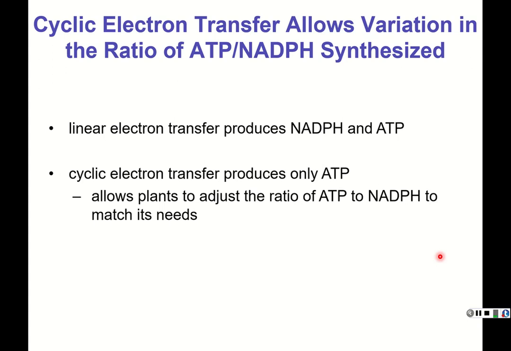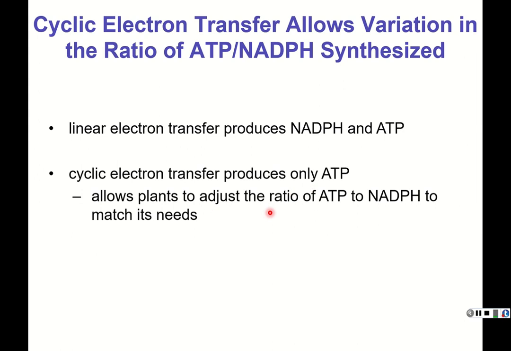And we mentioned this before, photosystem 1 can operate in a linear fashion or a cyclic fashion. The linear fashion of photosystem 1 transfers to NADPH, so you're creating NADPH and ATP by proxy. In cyclic electron transfer, you're producing only ATP, you're not producing NADPH.